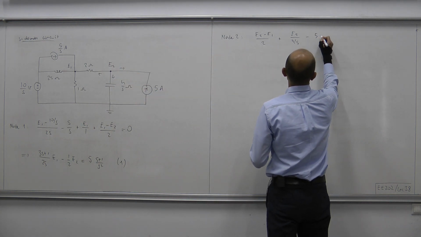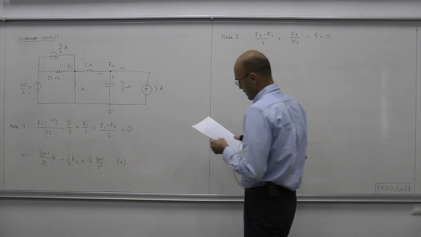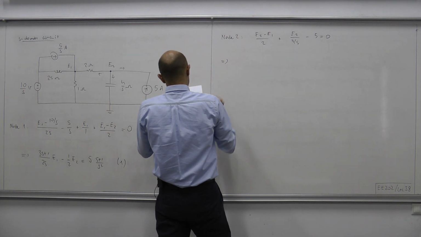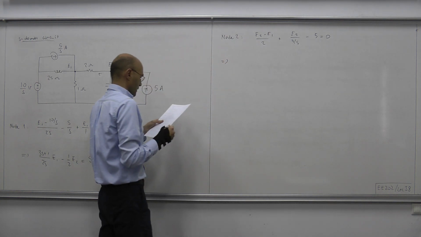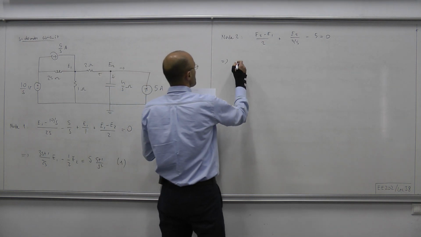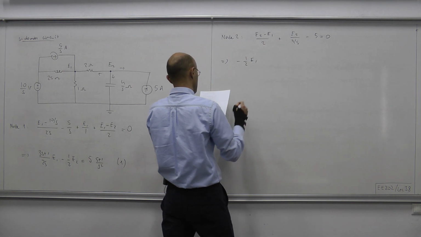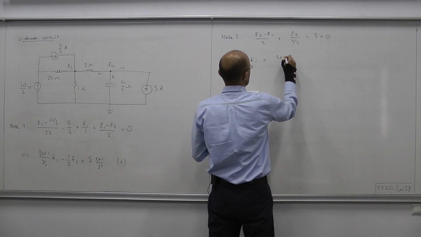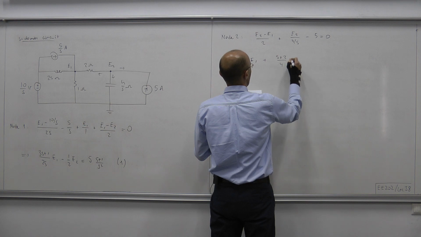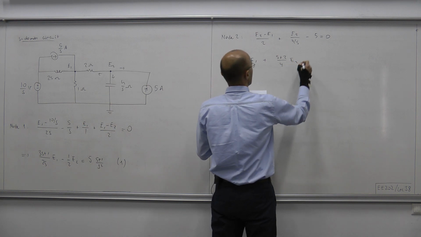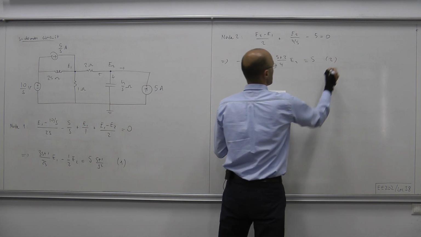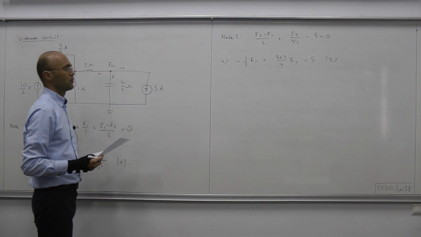Minus 5, that equals 0. Now reorganizing the terms, we can write our second node equation as minus 1/2 E1 plus (S plus 2) over 4 E2 equals 5. This is our second and last node equation.